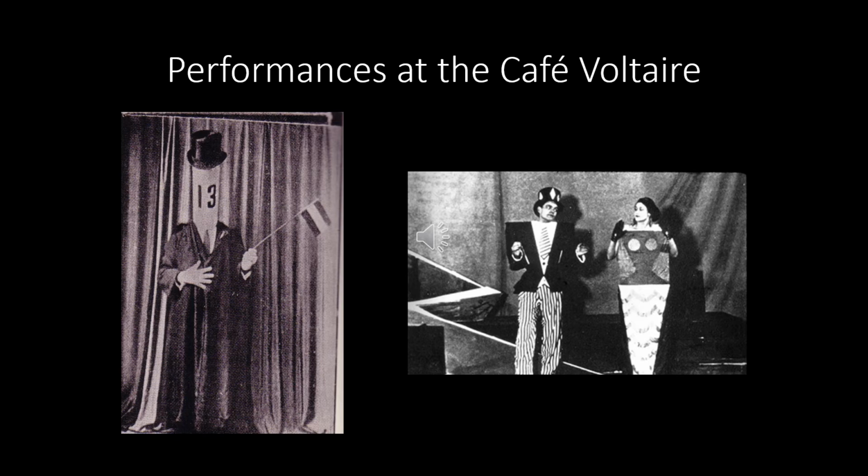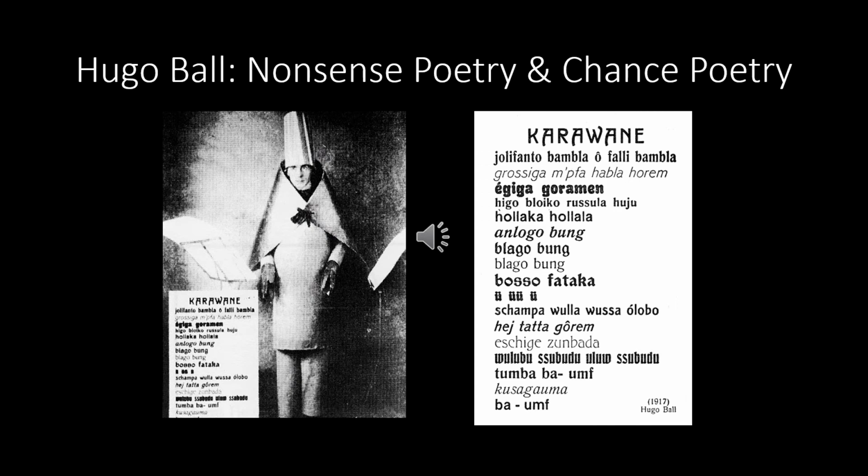Two of the most outrageous types of performances were those performed by Hugo Ball or others using his ideas of nonsense poetry. This is an image of Hugo Ball dressed in, again, a crazy, robot-like costume, and a copy of one of his poems known as Karawane.